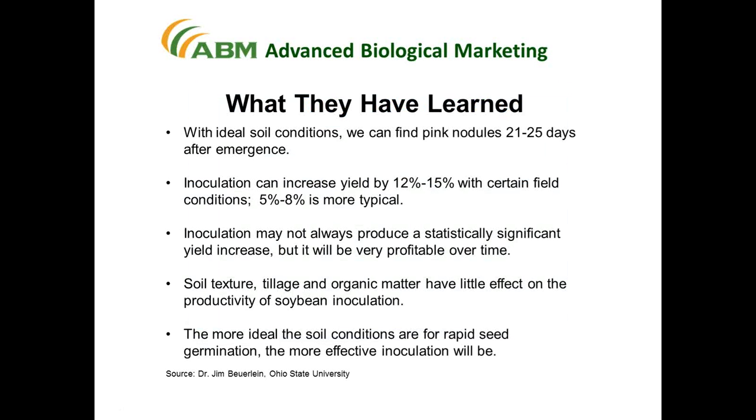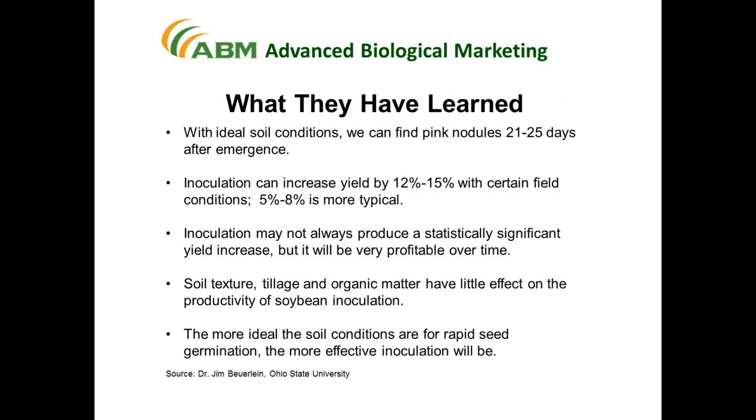We talk about ideal soil conditions. So here are some things that he's talked about that they've learned over the years. With ideal soil conditions, we can find pink nodules 21 to 25 days after emergence. Inoculation can increase yield by 12 to 15%, with certain field conditions being 5 to 8%, which is more typical.